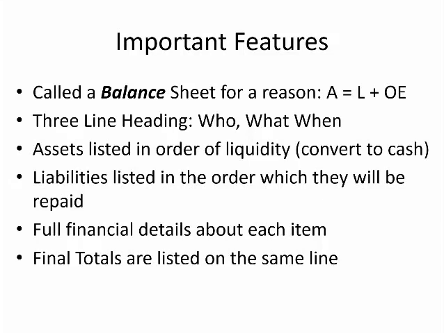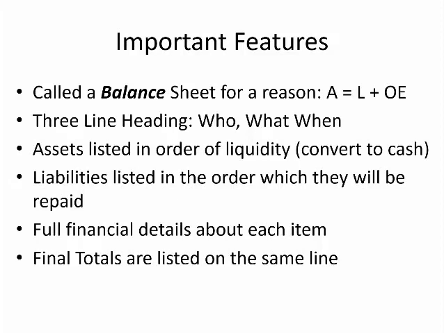Then we go down through the list of things that the company owns, and the harder they get to convert to cash, the farther down the list you'll see them. Things like inventory, which are easy to convert to cash, are listed near the top. Things like buildings and land and specialized equipment will be listed near the end. There is some subjectivity to this. Sometimes you have to make an educated decision about it, but we'll have a chance to practice that.